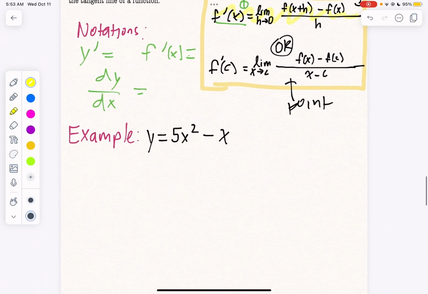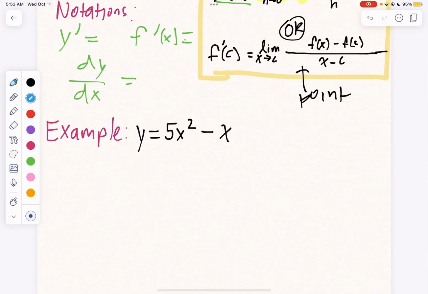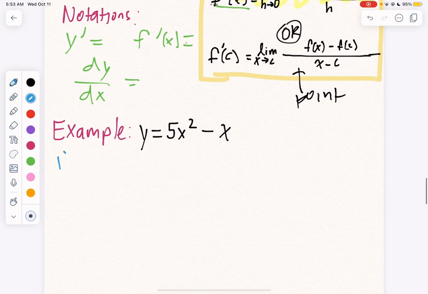Alrighty, so y equals 5x squared minus x. Let's start with blue. First things first, we're going to rewrite this whole thing. Limit as h approaches 0. Don't forget, please keep your limits on there. You will get points taken off if you don't. 5 times x plus h squared.